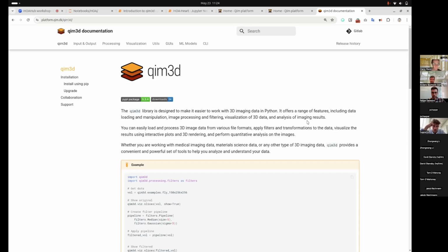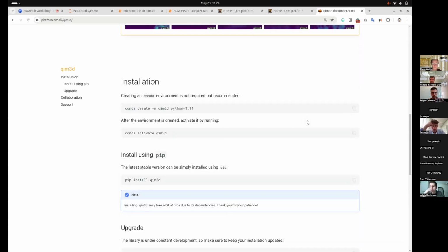This is a pip installable library, so you can very easily just do a pip install King3D. The idea is that we are building tools that help people more easily do 3D image analysis. Sometimes it's not so easy to have algorithms that focus on volumetric data, and there are lots of challenges that come together with volumetric data.